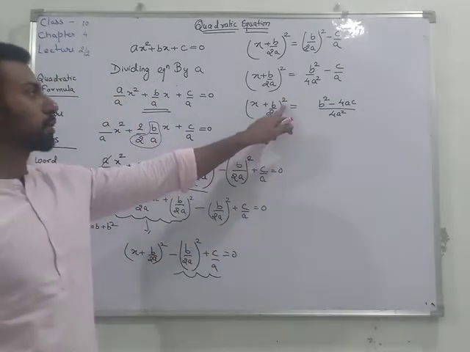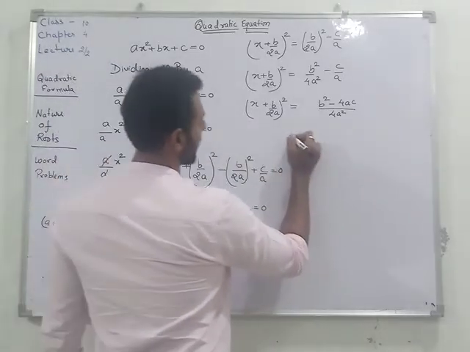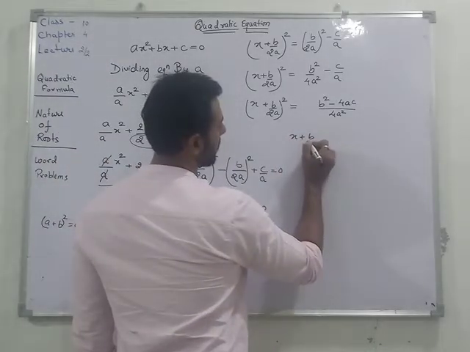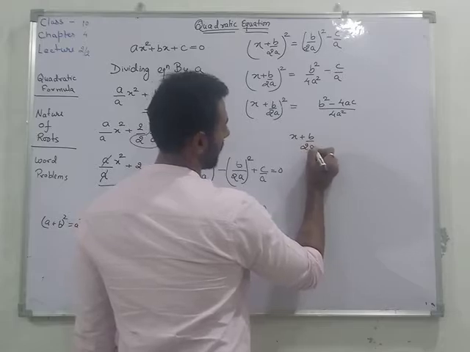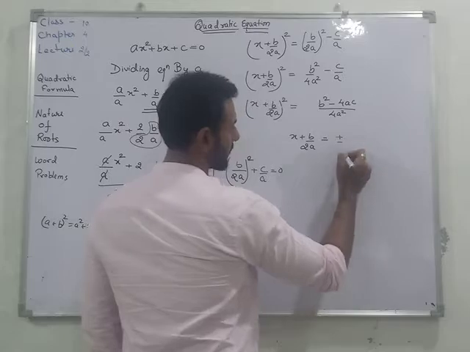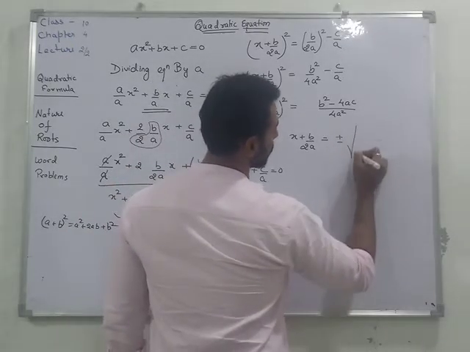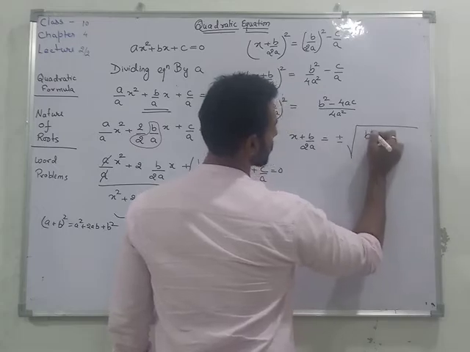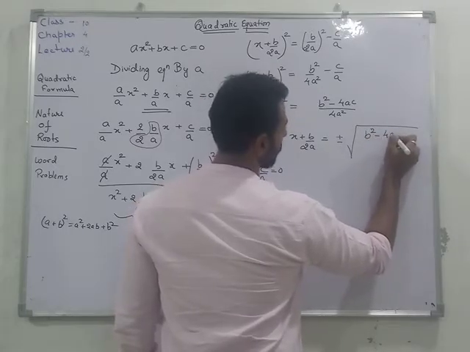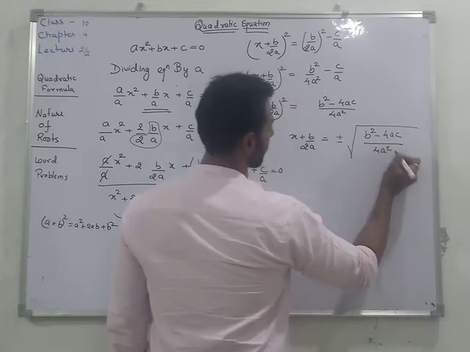Now taking this square to the right hand side, this will be under root. So x plus b by twice of a is equal to plus minus under root of b square minus 4ac upon 4a square.